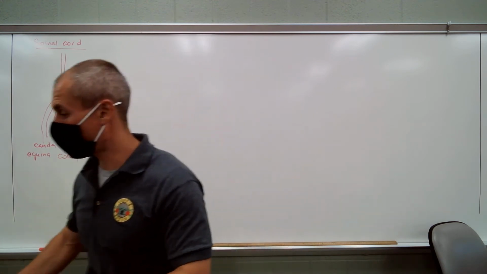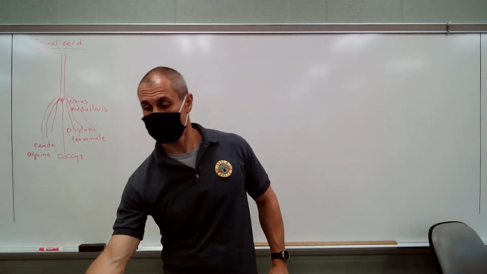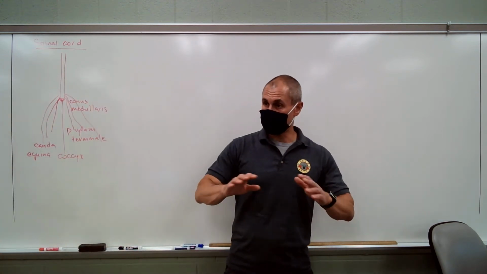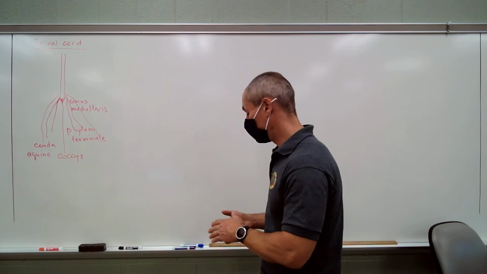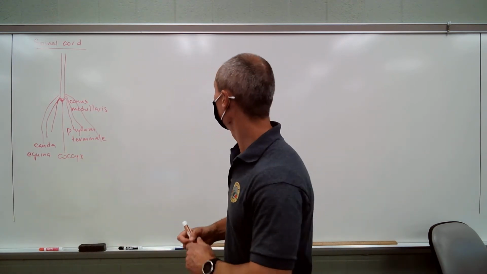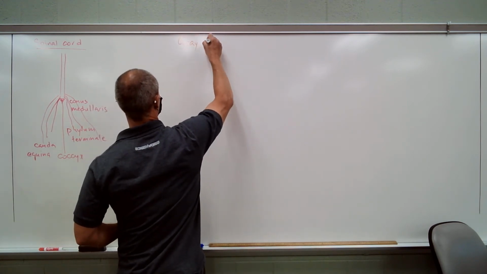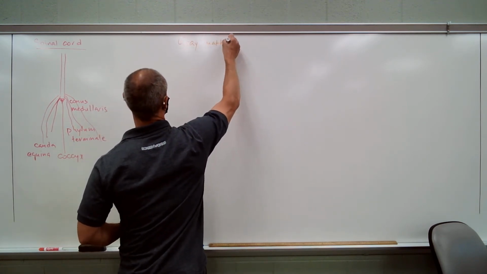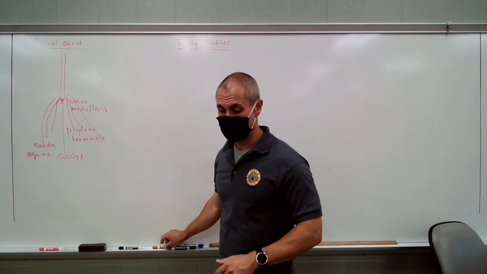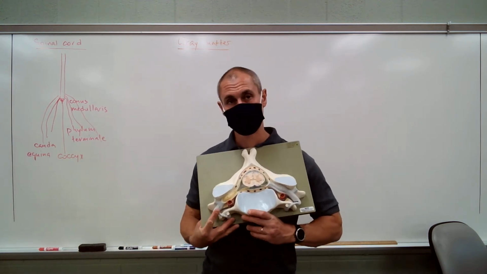So while tracts represent a bigger part of the discussion about the spinal cord, let's get rid of gray matter first. Okay, and gray matter in the brain can be divided into three main substructures.